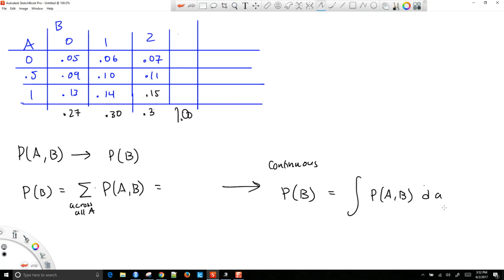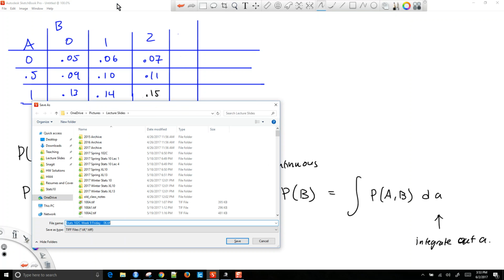They're trying to get rid of the pi by integrating out. We integrate out A in this case, and that's just to get the marginal distribution of one of these things based on the joint distribution. Anyway, check that out, and we'll see you guys on Monday.